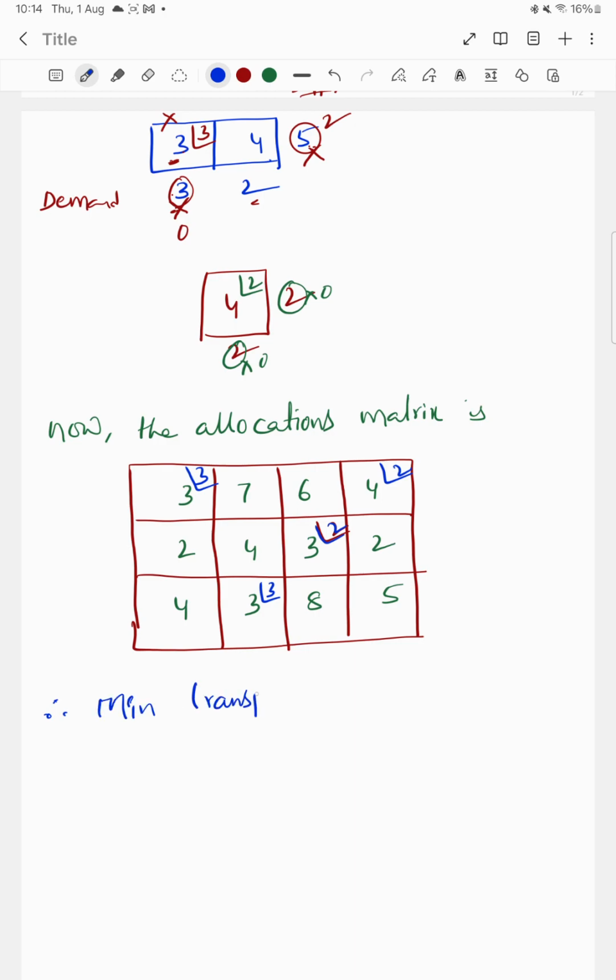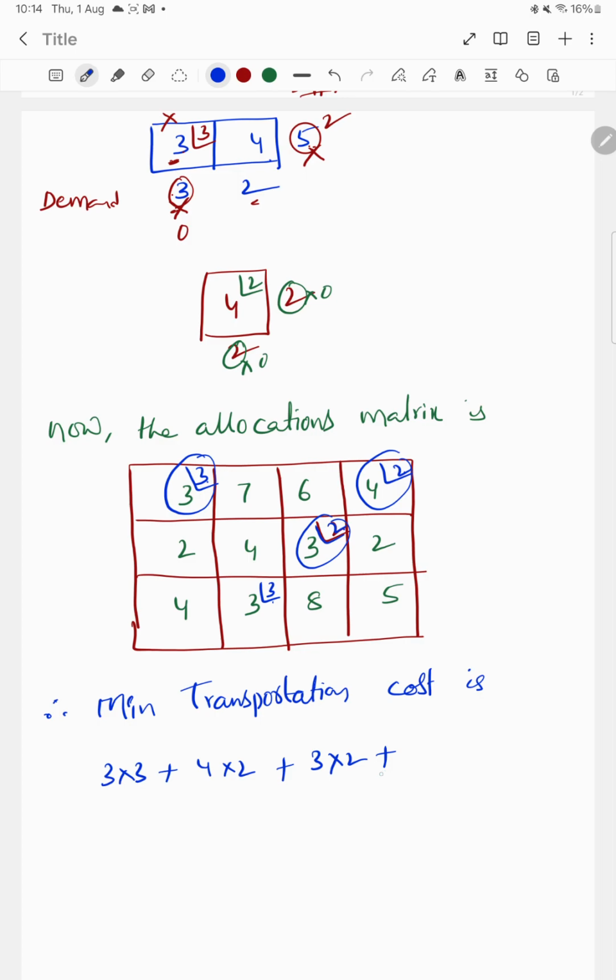The minimum transportation cost is, now it's very simple. Wherever you have allocations like this, you multiply with the corresponding cost. So for the first one, the cost is 3 into 3, plus in the second allocation the cost is 4 into 2, plus in the third one the allocation is 3 into 2, plus in the fourth one the allocation is 3 into 3.